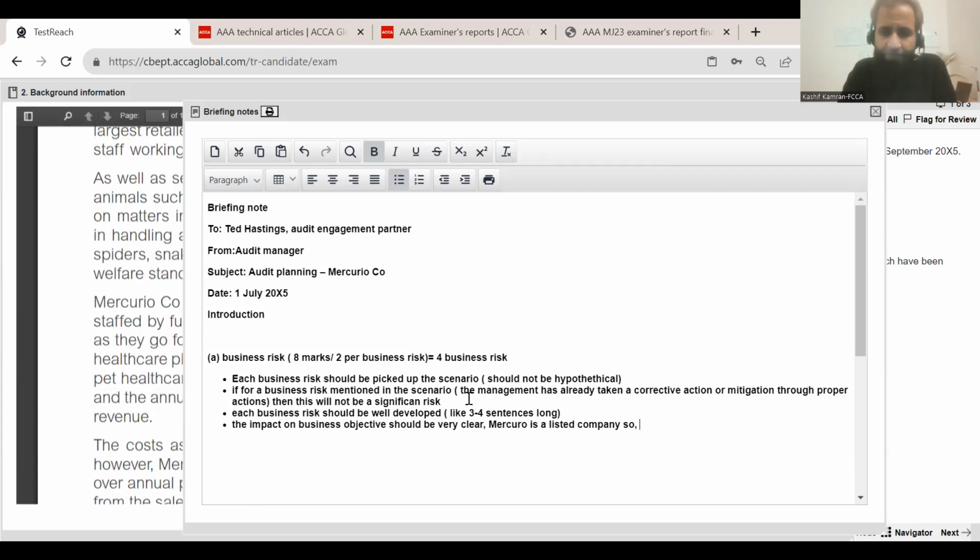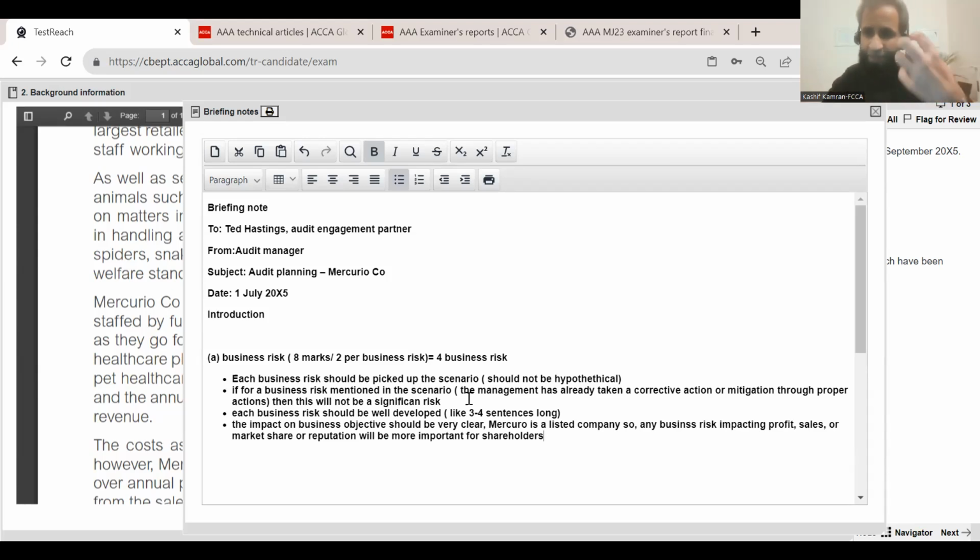So any business risk impacting profit or sales or market share or reputation will be more important for the shareholders. So in that way, you can think, oh, this is a significant risk because it's affecting something which is very important for the shareholders of the listed company, Mercurio.